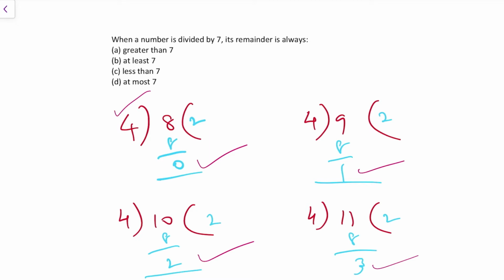So the logic is always that the remainder is smaller than the divisor. In this given question the divisor is 7, so definitely the remainder should be less than 7. Option C is the correct option.